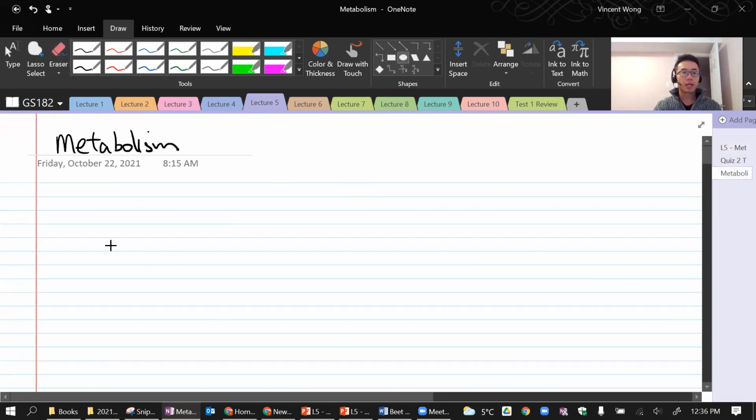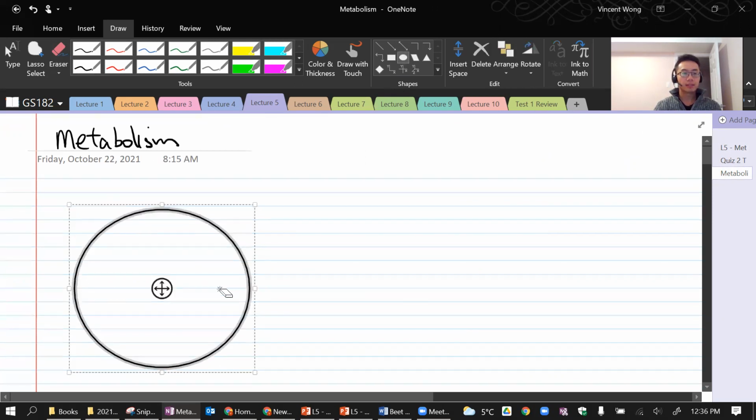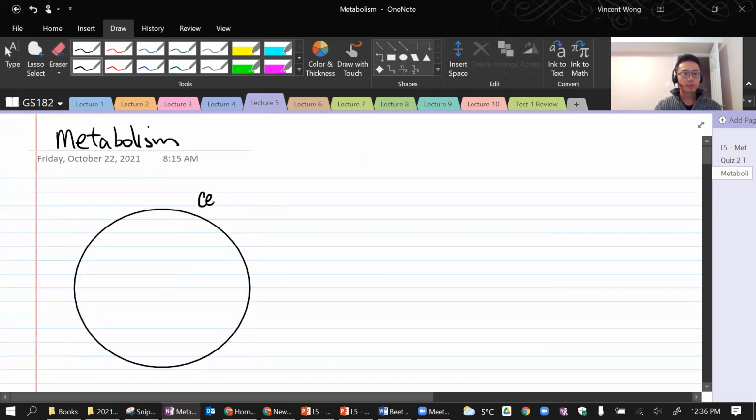Okay, so here we have our cell, and then there is going to be the mitochondria here, right? With the cristae, and then this is the matrix, right? Matrix. This is cytoplasm.